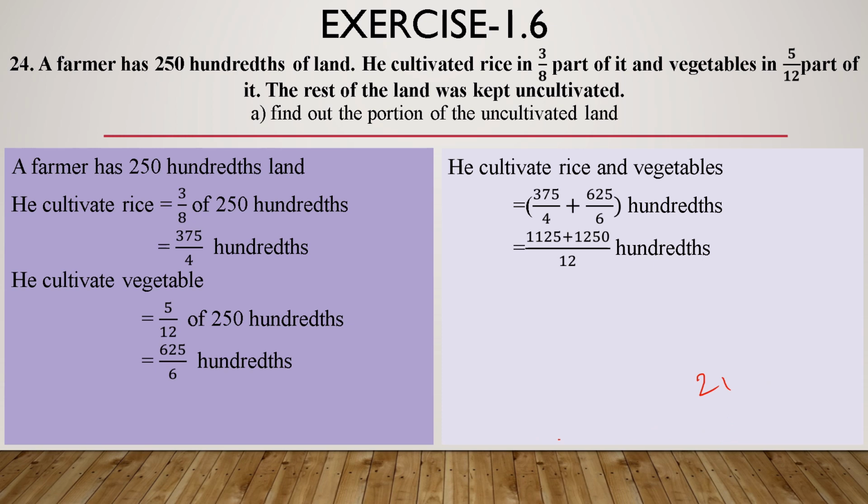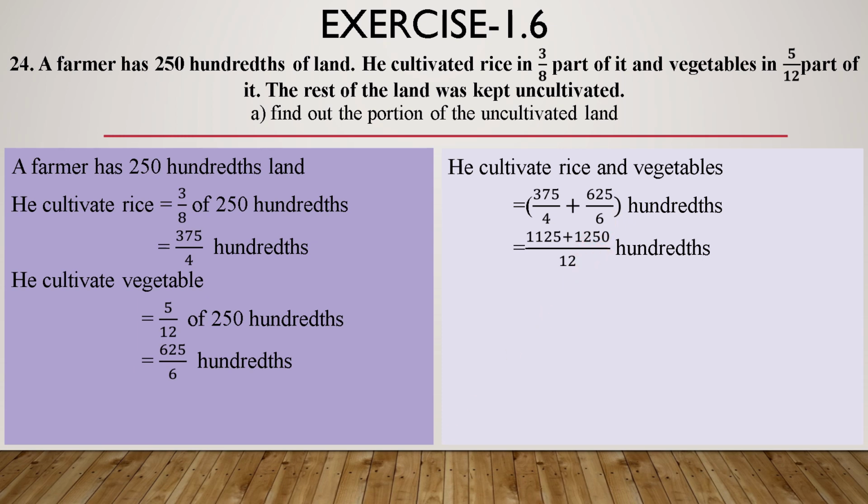Now, my dear students, 12 divided by 4 would be 3. So 3 multiplied with 375, we will get 1125. And after that, 12 divided by 6, we will get 2. So 2 multiplied by 625, we will get 1250.